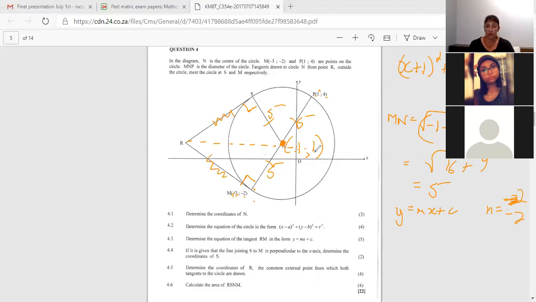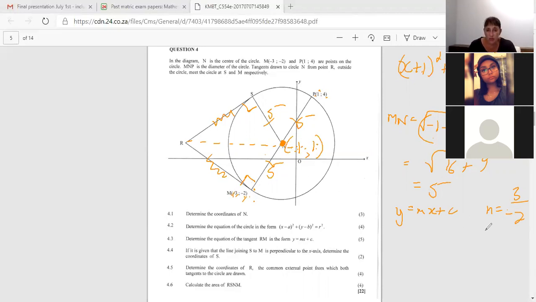Let's just check this one. No, this is not right. 1 minus minus 2 is 1 plus 2, it's 3. So just check that you're happy with that. I'll do it again. 1 minus minus 2 is 3 over minus 3 over 2, and that's correct.